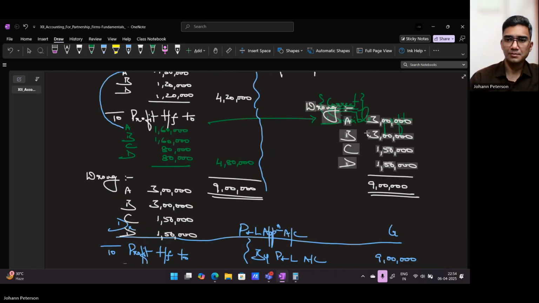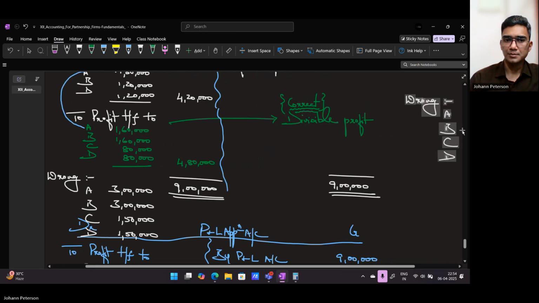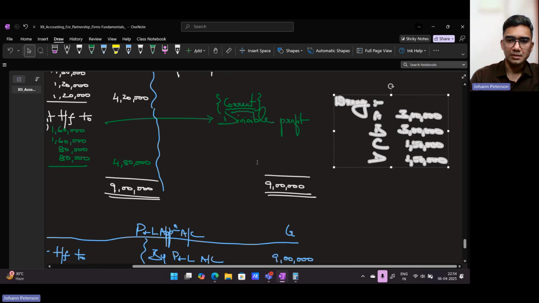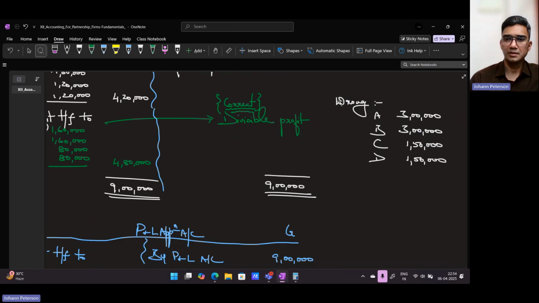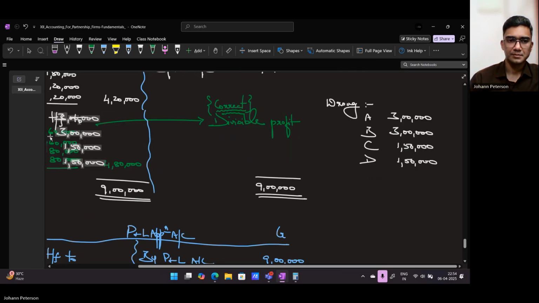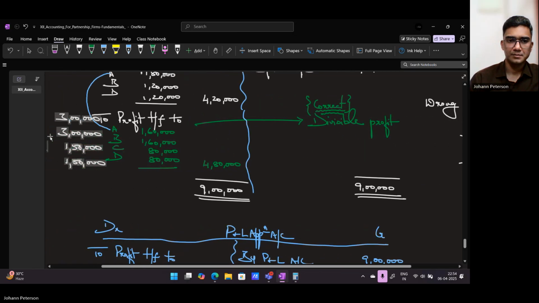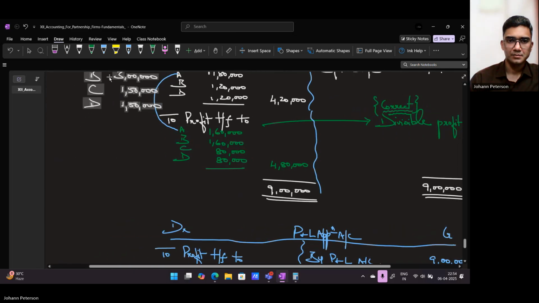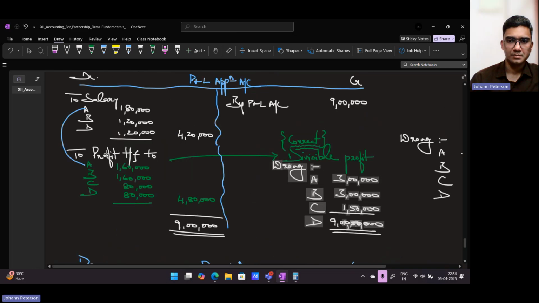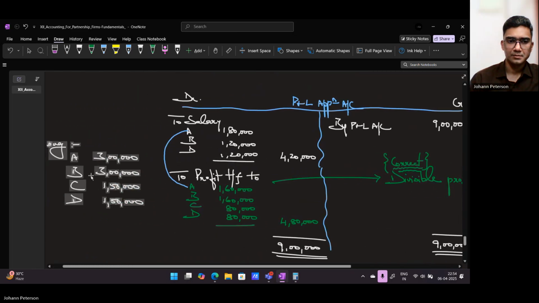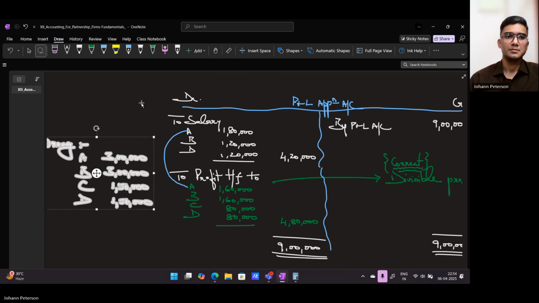So what is happening? Let's put it on the right side. This is our wrong way. And in the right way, I can in fact take this on the left side. I'll be able to compare it easily on the left side. Okay.